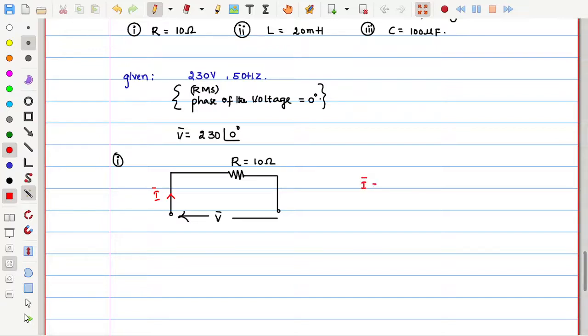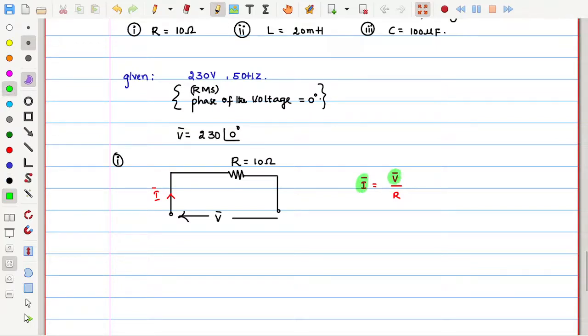Just like Ohm's law in the DC system, in the AC system also, it is voltage divided by resistance or impedance. If it is an inductor or capacitor, those will be impedances. If it is only a resistor, obviously resistance. But what is the change? The change here is that everything is in phasor form.